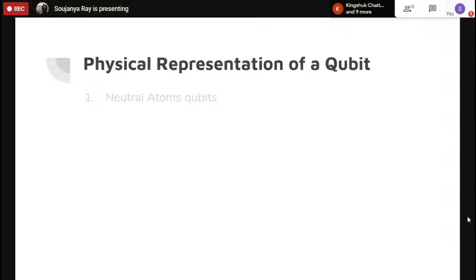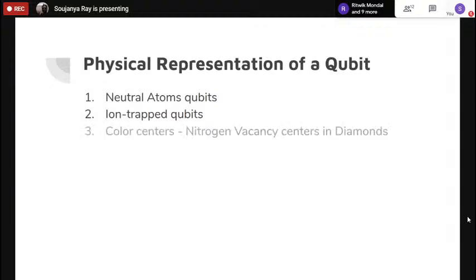You may use neutral atoms to make qubits, or you may use trapped ions. Now, trapped ions are ions that you put in a magnetic field, and the ions get trapped, and you can use those as qubits. Then you have color centers, or nitrogen vacancy centers in diamonds. They can also be used as qubits.